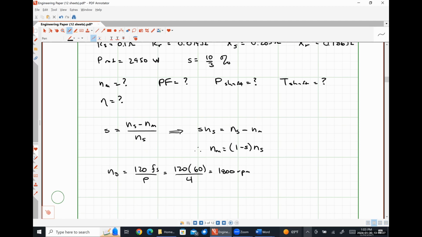Let me double check. 120 times 60 over 4. Yep, 1800 RPM. From that, we have 1 minus 0.0333 times 1800, which is 1740 RPM. One thing done.